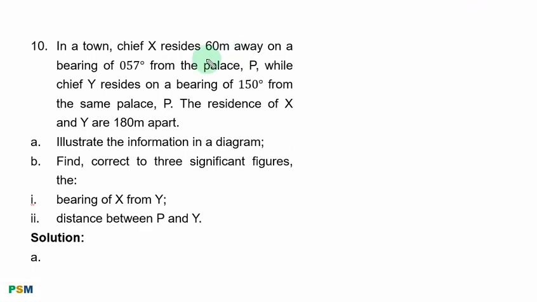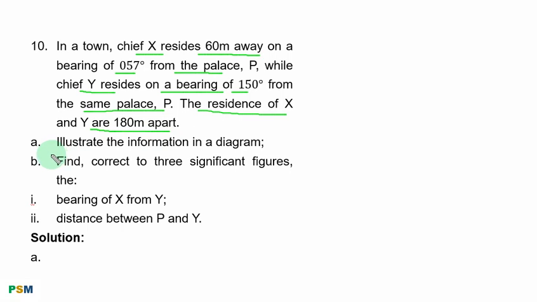Question 10. In a town, Chief S resides 60 meters away on a bearing of 057 degrees from the palace P, while Chief Y resides on a bearing of 150 degrees from the same palace P. The residences of S and Y are 180 meters apart.